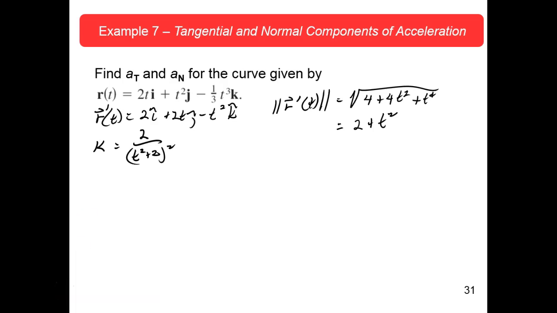All right. Now, I don't know if you remember this part. This is on page 859, immediately under the theorem there, because the magnitude of R prime of t is equal to ds dt.